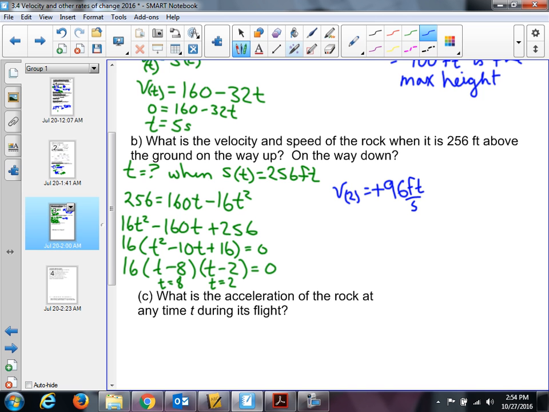Okay. And I'll use a different color here. At 8, you've got 8 times 32, so subtracting 8 times 32.